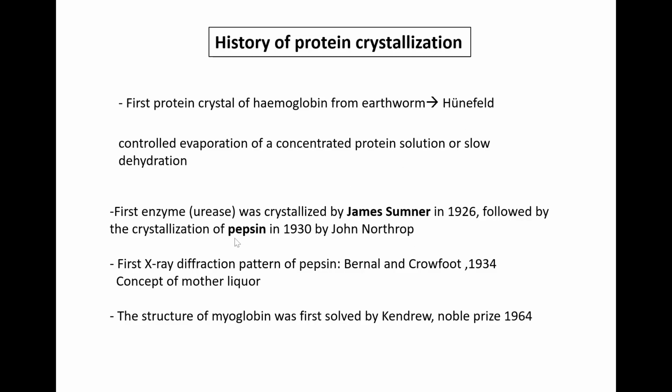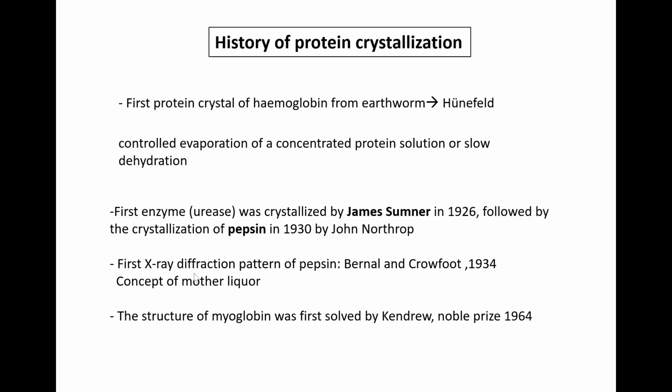The first protein that was crystallized was an enzyme known as urease by James Sumner, and the crystallization of pepsin came in 1930 by John Northrop.